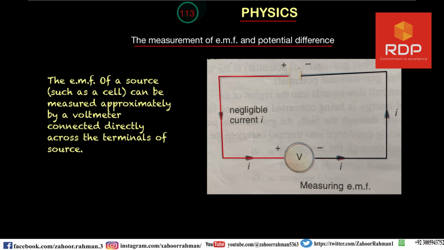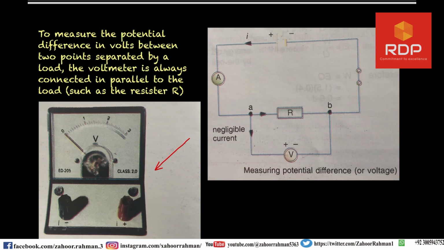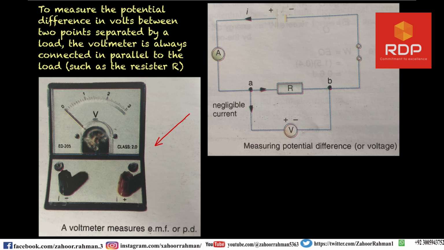To measure the potential difference in volts between 2 points separated by a load, the voltmeter is always connected in parallel to the load, such as the resistor. And about resistors and resistance, we will talk in the next section today.